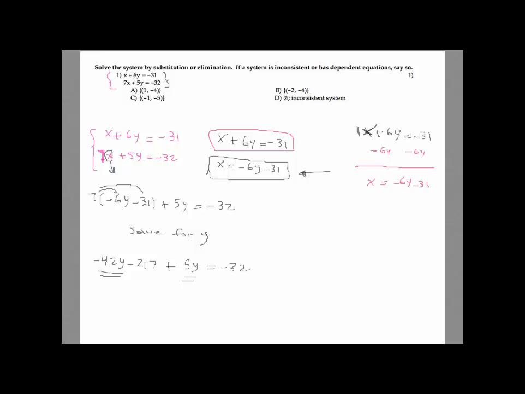So here you have minus 42 plus 5. They give you minus 37y minus 217 equal to negative 32. Then we can add 217 to both sides of the equation.